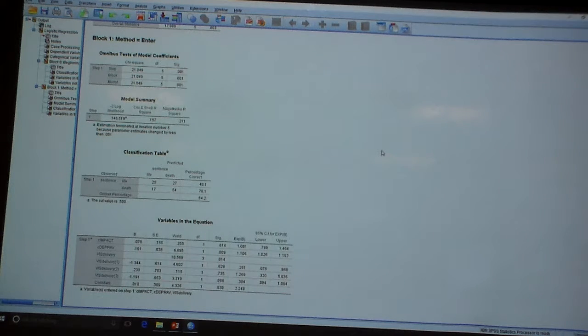What SPSS did in its test of your overall model is it calculated a log likelihood of the model with no predictors, and then it calculated your negative 2 log likelihood for your model with all of your predictors. It didn't give you the log likelihood of the model with no predictors, but all it did is take the log likelihood of your model with no predictors and subtract from that the log likelihood of the model with all your predictors in there, and then took the difference of that.